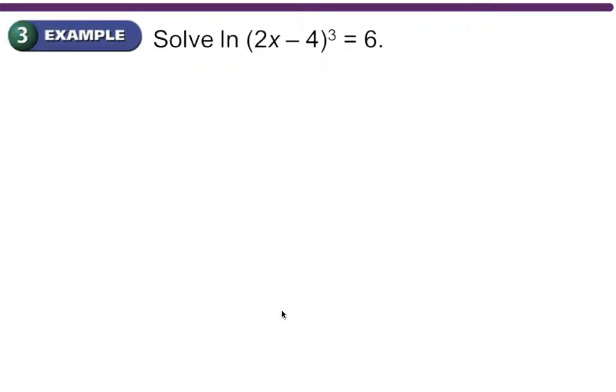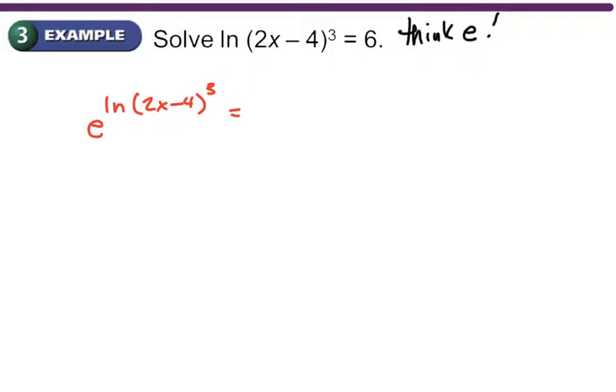Now, when you see this, and it just says solve ln of (2x minus 4) cubed equals 6, I want you to think e. So think e. We're going to raise both of these to the e.